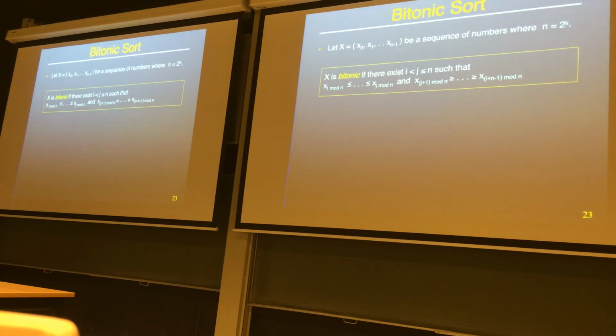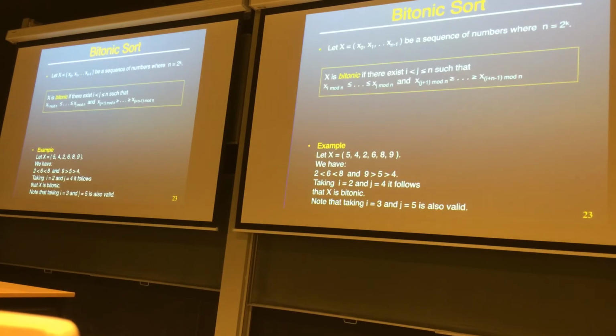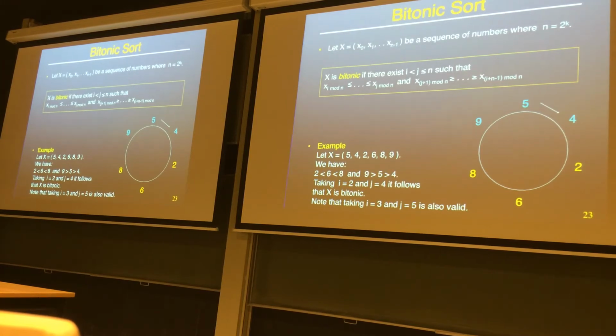Well, if I give you such a definition, then almost nobody will understand what I mean, but it is very simple to come up with an example and give you another representation of such a bitonic sequence. Assume that you have a sequence 5, 4, 2, 6, 8, 9. Then you know that 2 is less than 6 is less than 8, and 9 is larger than 5, and 5 is larger than 4.